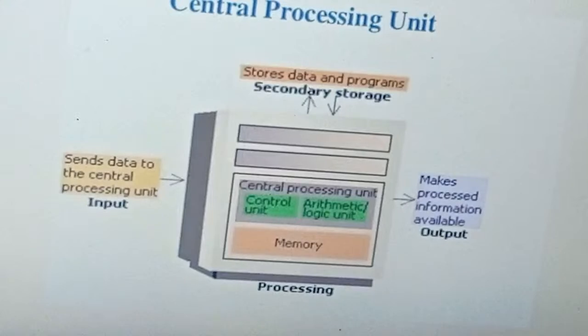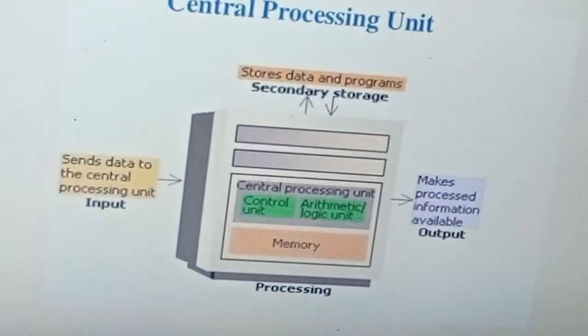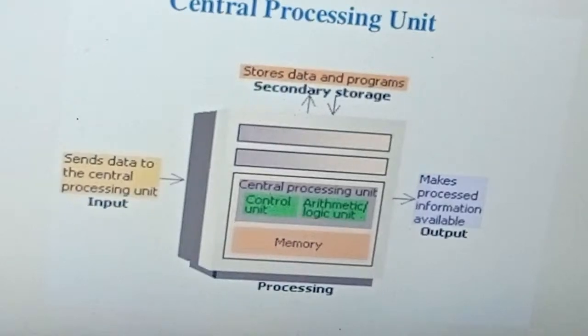Now coming to the third step, the arithmetic logic unit executes arithmetic or logical operations. For example, arithmetic means addition, subtraction, multiplication, and so on, and logical operations like AND, OR, NOT.